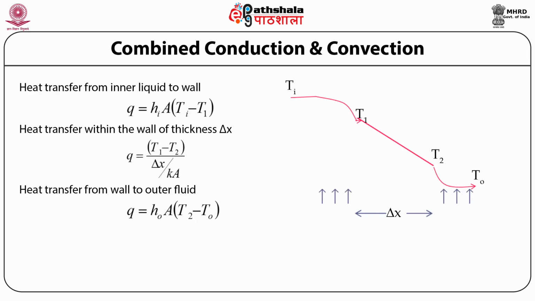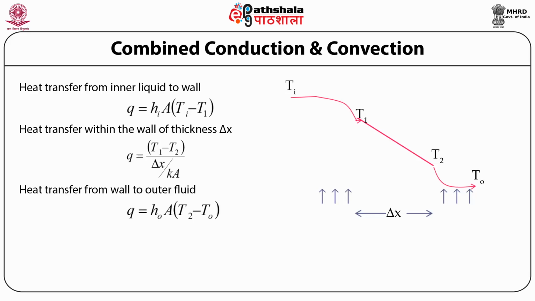Okay. So three cases we have seen here. We see two convective heat transfers and one conduction heat transfer. The heat transfer from the inner liquid to the inner wall is by convection, that is Q equal to HiA into Ti minus T1.